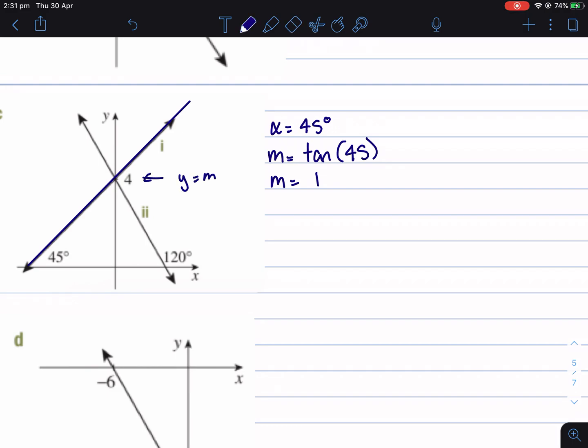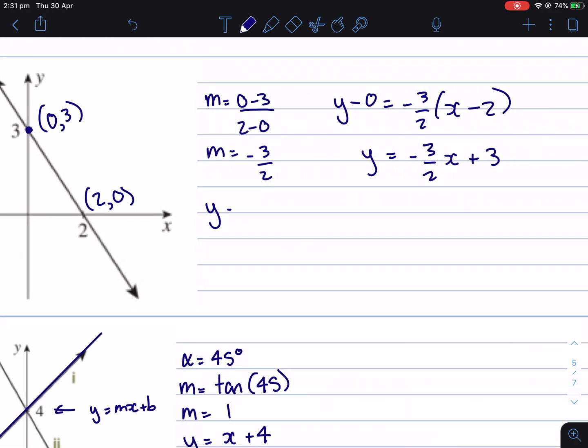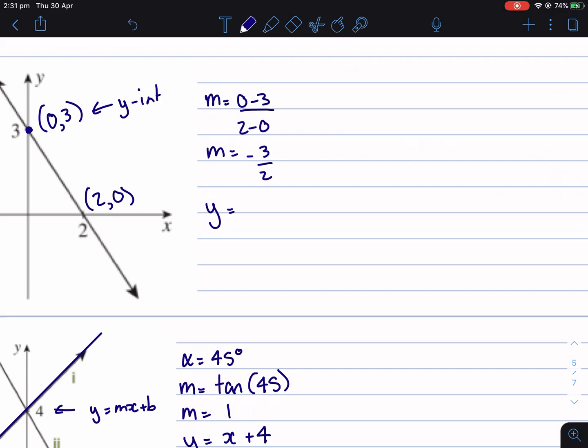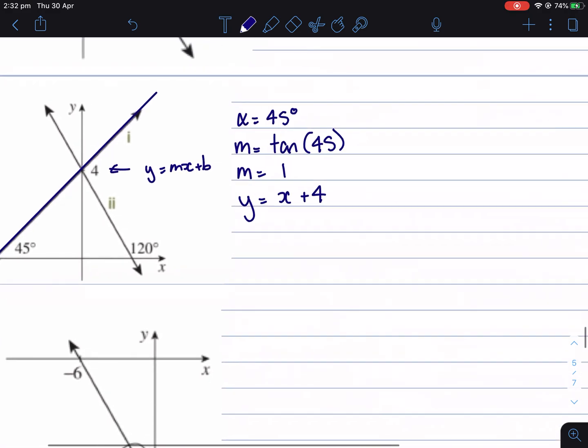Y equals mx plus b, and that's b, so y equals 1x plus 4. Here I also knew the y-intercept. I could have just chucked in y equals, so that's the y-intercept. So I didn't need to do any of this. Sorry if you did. -3 on 2x plus the y-intercept, which is 3. Here I've got y equals 1x plus 4.